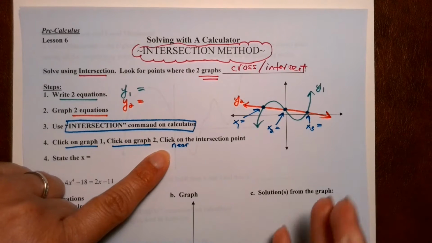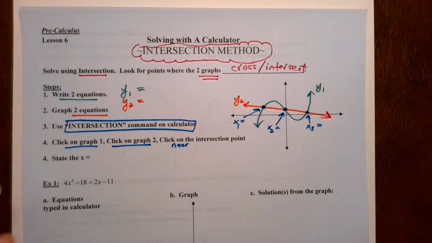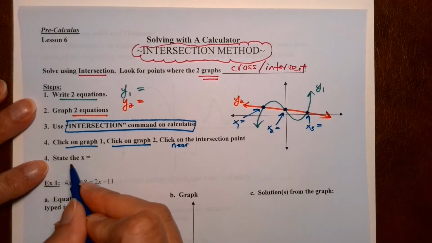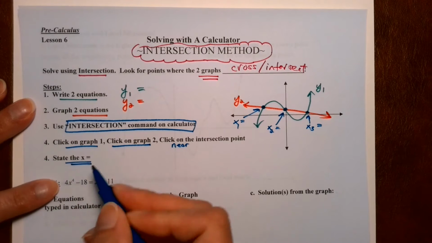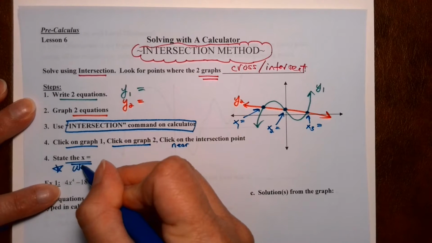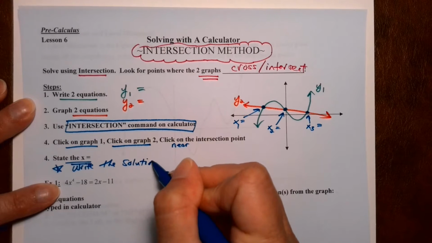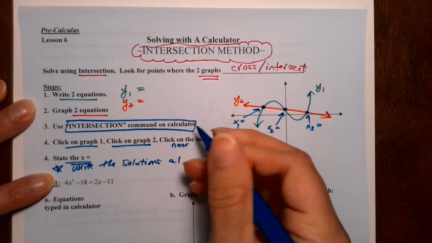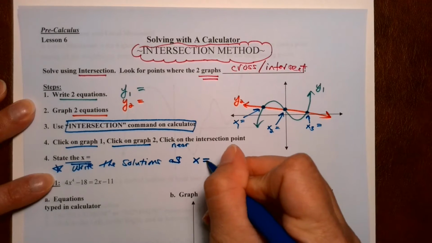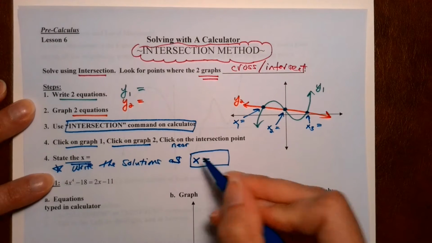Since there's three of them, it has to know which one you're going for. And then you state the x equals answers. Let's put a little note here. We're going to write the solutions as x equals.